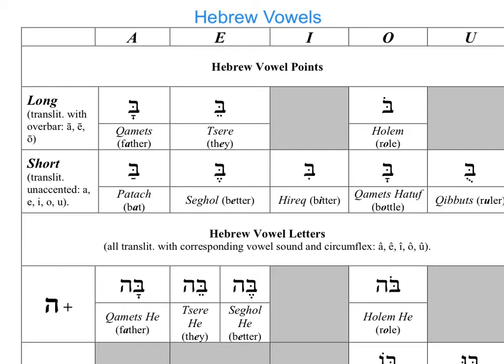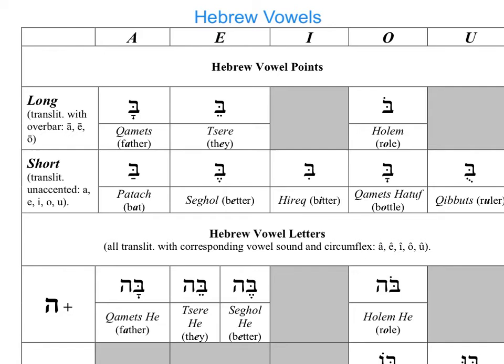Now the same thing is true over on our E class, so why don't we just move over to the right a little bit more. Again, using our bet as our consonant placeholder. Here we have what's called a tsere. And the tsere is our long E sound. A pretty close sound in English would be they, the A sound of the word they. You can hear that long E sound in that word. On the shorter side of things, we have our segol.